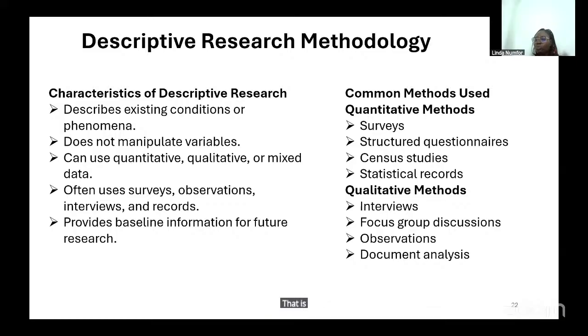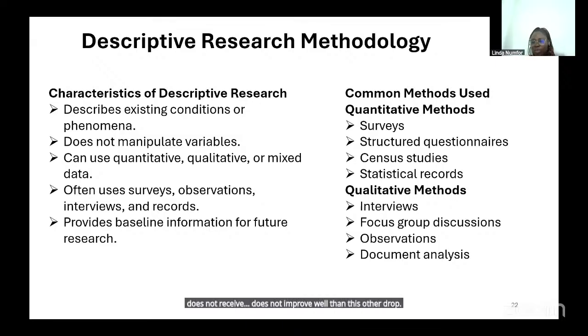That is now where you have to do qualitative analysis. You also can do census studies, statistical records. You can go to a hospital and take the records to analyze that, okay, the patients with high blood pressure behave this way, or this drug does not improve as well as this other drug.